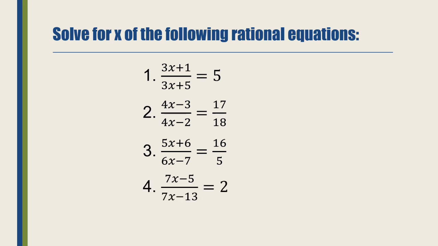Then number 4, 7x minus 5 all over 7x minus 13 is equal to 2. And number 5, we have here x plus 3 all over x plus 4 is equal to 1 over x minus 1 over x plus 4. Okay? This is your activity.